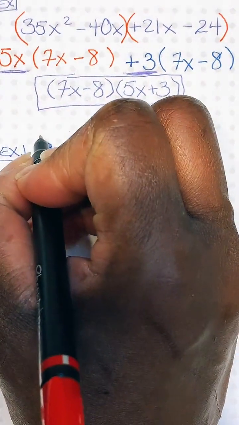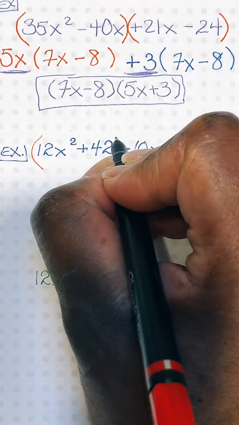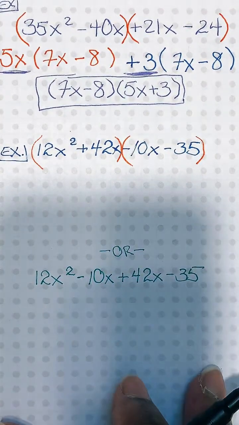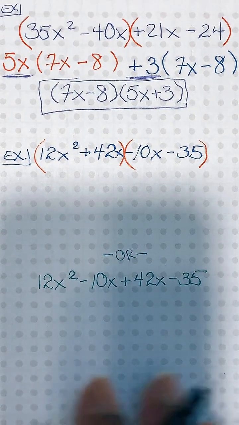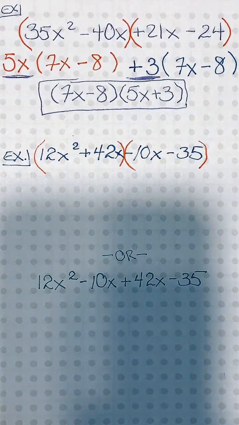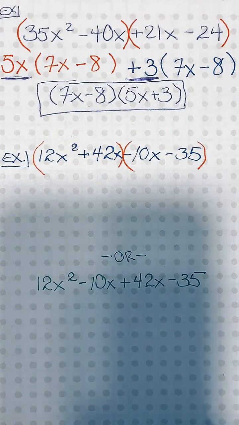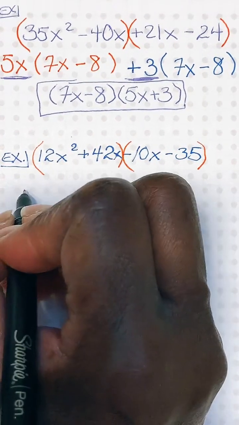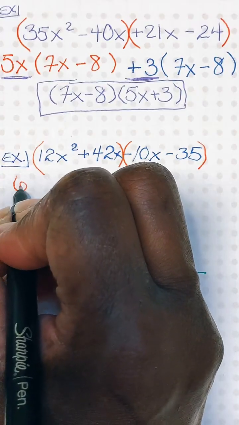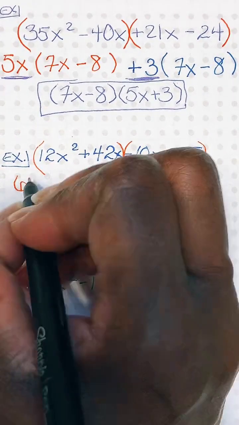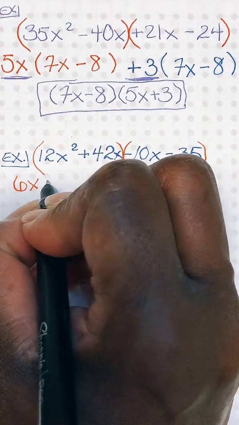Hello, Thrasher. So let's group the first two, then group the last two. So 12 and 42. It's not so easy to get, but eventually you figure out that the GCF for 12 and 42 was a 6. And then there are 2 x's and 1 x, so they definitely had 1 x in common.